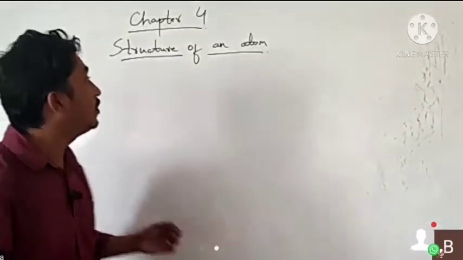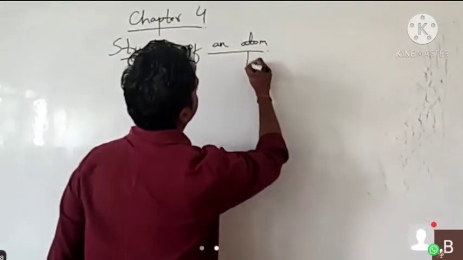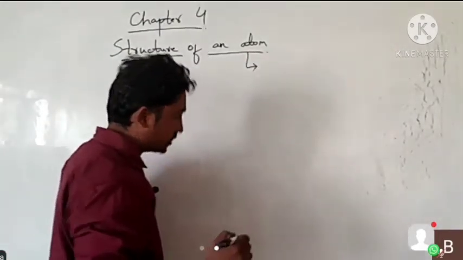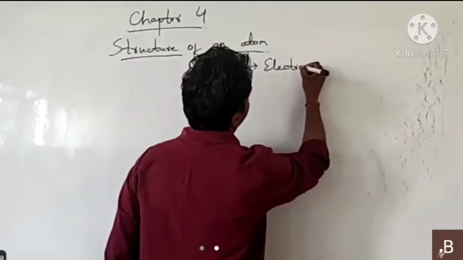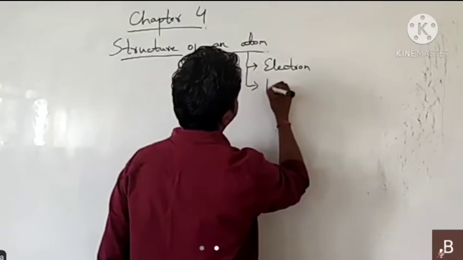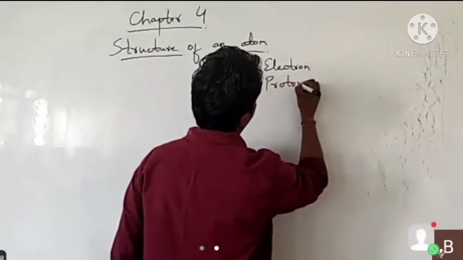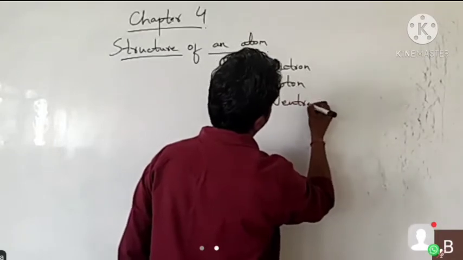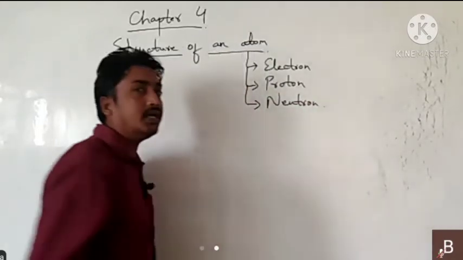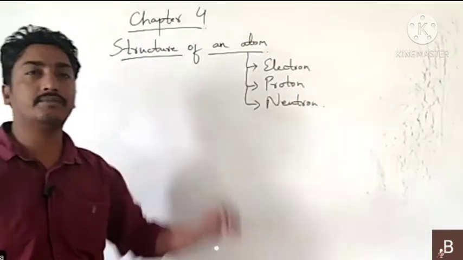And slowly we got 3 subatomic particles: electron, proton and neutron. So these are subatomic particles of an atom.